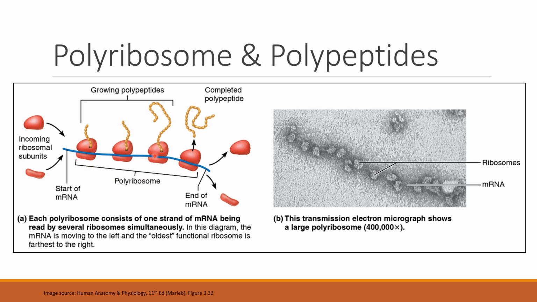See, in this case right here, a total of 4 proteins are going to be made at this one time because the ribosomes will come on and then zip along, make this polypeptide, and then once it reaches that end spot, the ribosome will kind of break off. So that's a polyribosome and a polypeptide. And this is just an example here in this image, right? So each of these is a ribosome, and this is a strand of messenger RNA. And as those ribosomes are going along that strand, it's generating the protein.